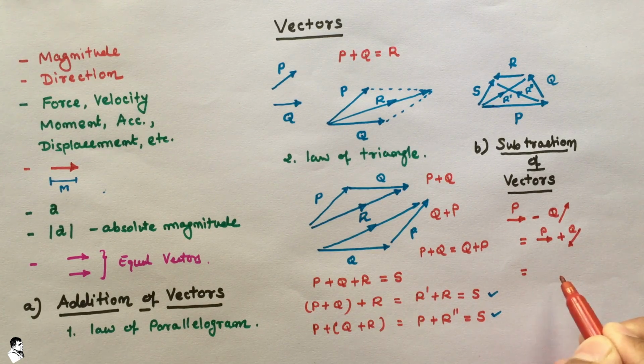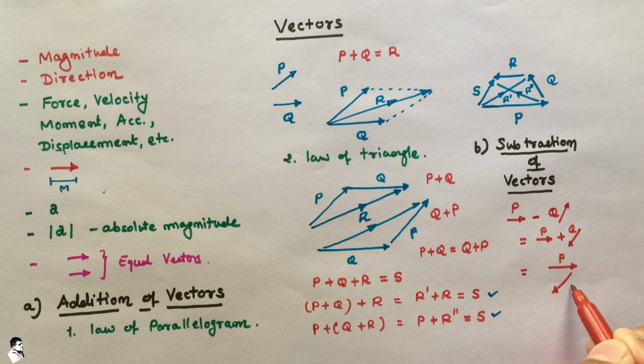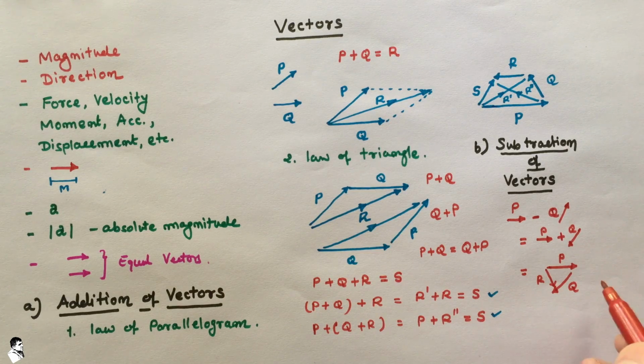Graphically, this is P, this is Q with the opposite direction, and joining them, that is R. So here R is equal to P minus Q. This is a subtraction of a vector. So here R is a new vector formed after subtracting vector Q from vector P.